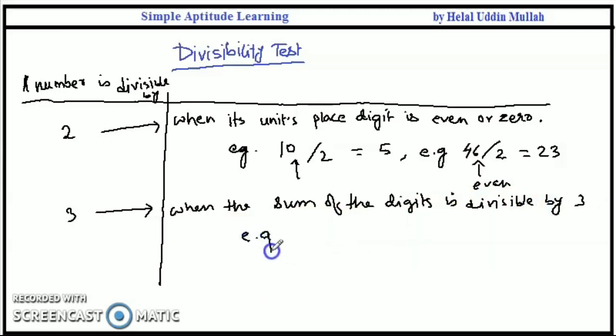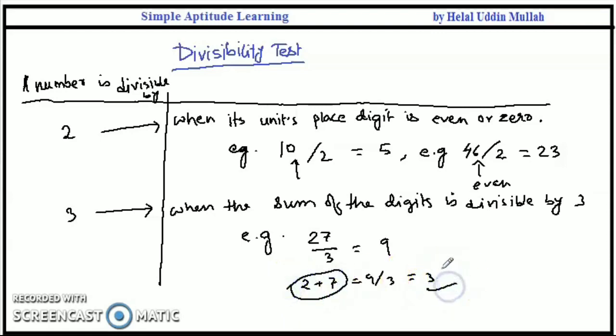For example, we know that 27 divided by 3 is 9, so 27 is divisible by 3. Now check the sum of the digits of 27: 2 plus 7 is equal to 9. If we divide 9 by 3, it is equal to 3. So this sum is divisible by 3, and in that case, we can say that 27 is divisible by 3.